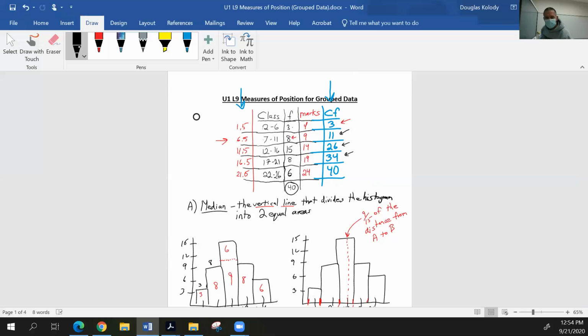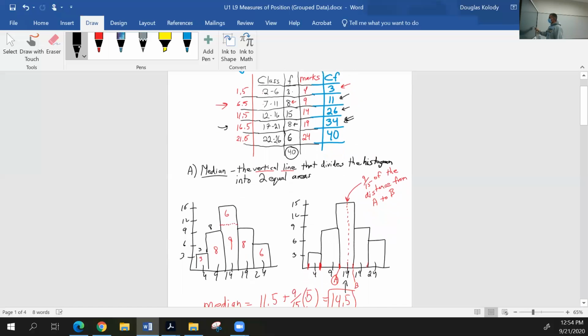So the 30th number must be hiding somewhere within this class right here, right? Between 26 and 34. So the 30th number is hiding in the 4th class. Keep in mind, before we go any further, what's the lower limit of that? It's 16.5. Keep in mind also, there are 8 numbers in the 4th class. Keep that in mind as well.